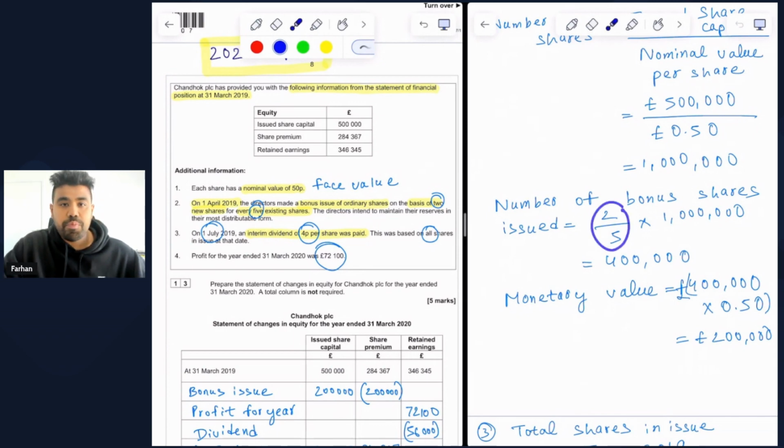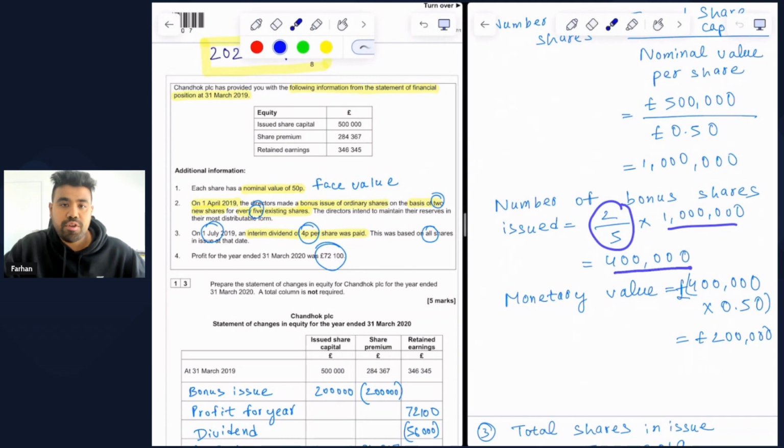So in other words, as a fraction, when you want to represent that, it's 2 over 5. So given that we had 1 million shares in our original issued share capital, we now want to issue 2 shares for every 5 shares that we had in the issued share capital. So 2 over 5 times 1 million, that gives us 400,000 bonus shares to be issued.